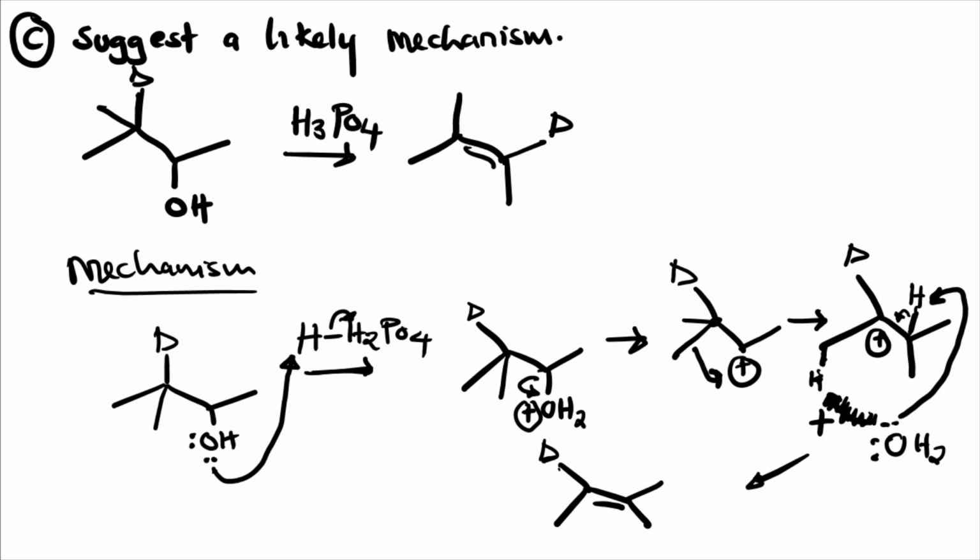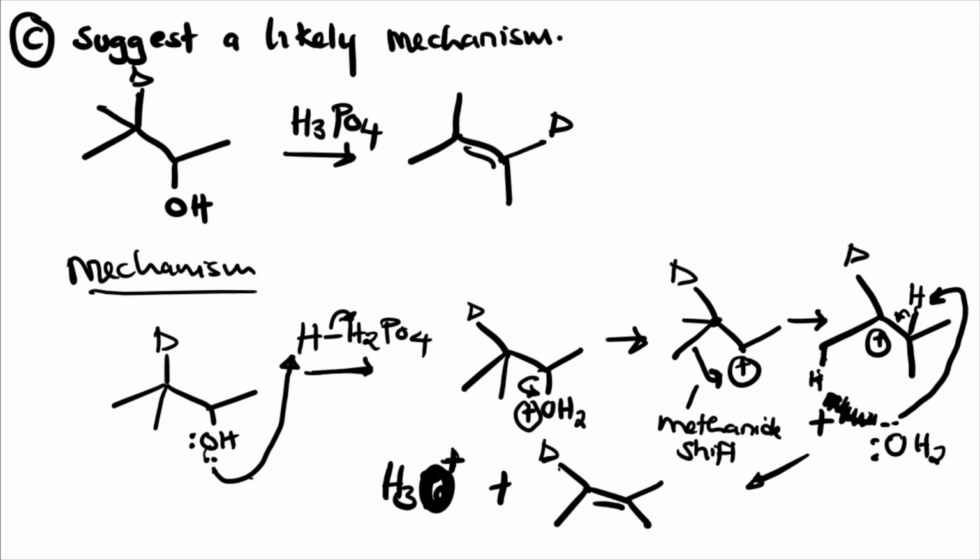So when this water gets this hydrogen, it will be an acid like this. So you got your product and the acid here. This acid here goes back. So this is the mechanism by which this product was formed. First of all, there was protonation. After the protonation, the protonated group left, formed a carbocation, and then there was a methanide shift here.